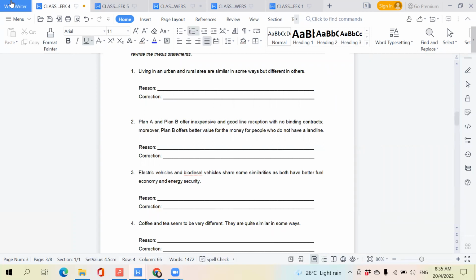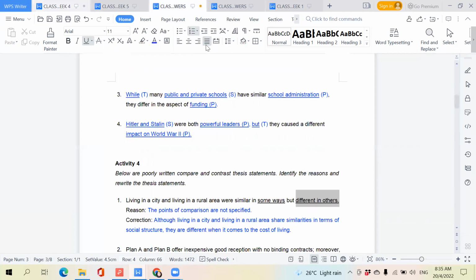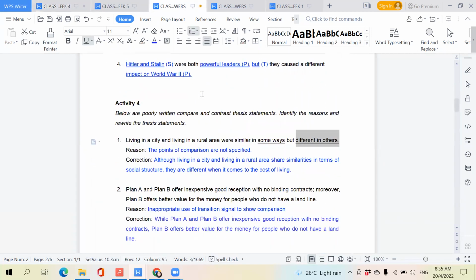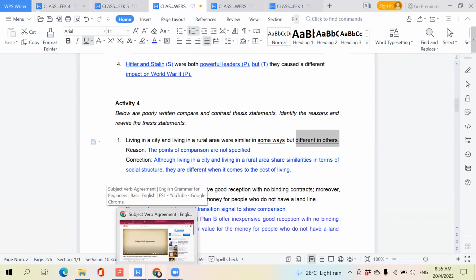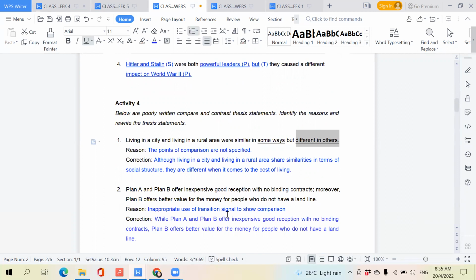Okay, so what is a good thesis statement? Like I said, this is an inappropriate use of transition signal to show comparison. Do not use moreover. So how do you correct this? Perhaps you can say while plan A and plan B. So while is better instead of using moreover. While is a comparison and contrast transition signal.